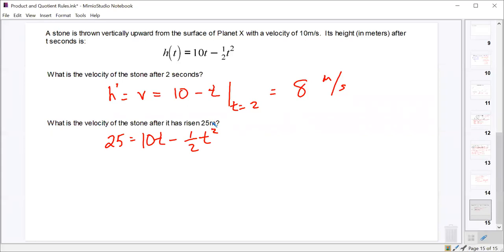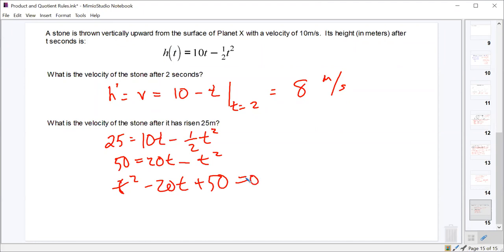So we need to figure out when the height is 25. We'll plug in 25 for the height and solve this for t, which we can multiply everything by 2 to clear out that fraction. So 50 equals 20t minus t squared. And then we'll make this t squared minus 20t plus 50 equals 0. Unfortunately, that does not factor. So use the quadratic formula and tell me what the two t values are for this. Take a second to figure that out.